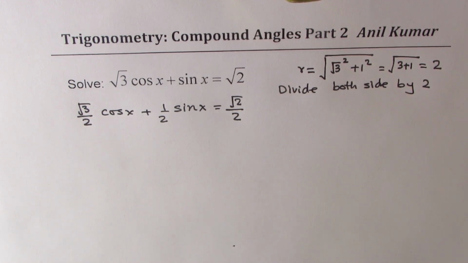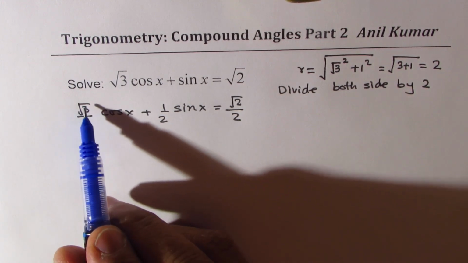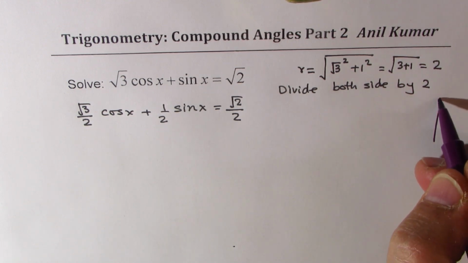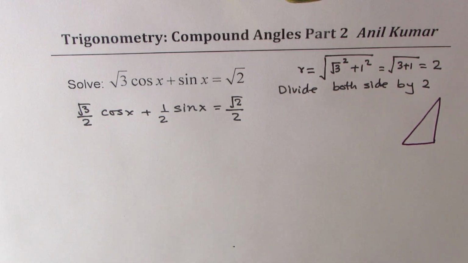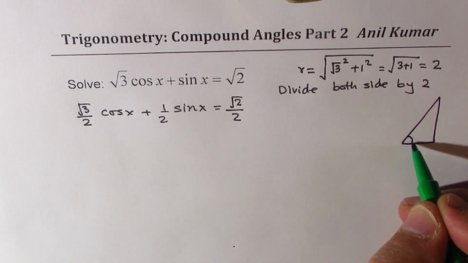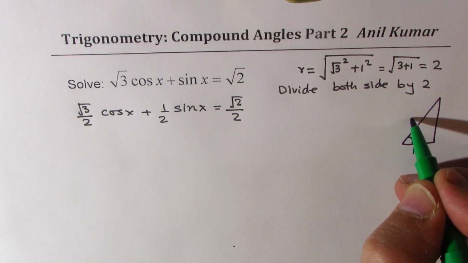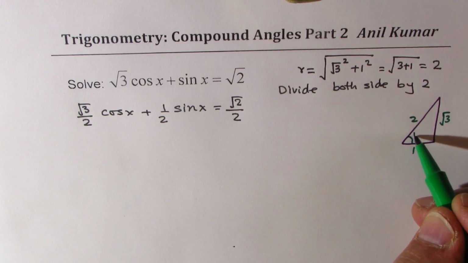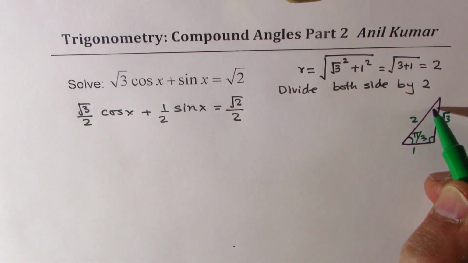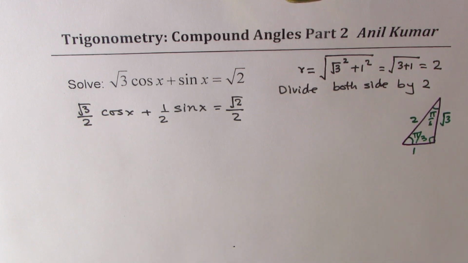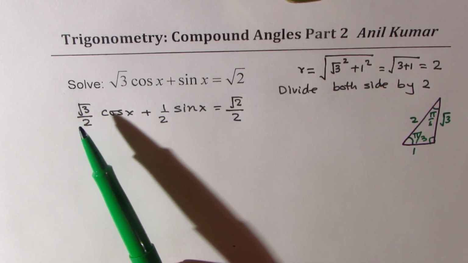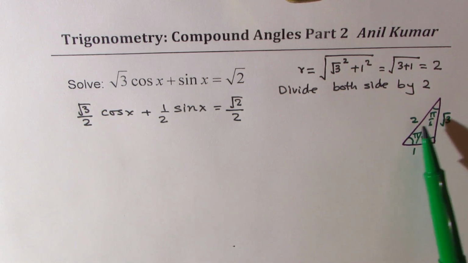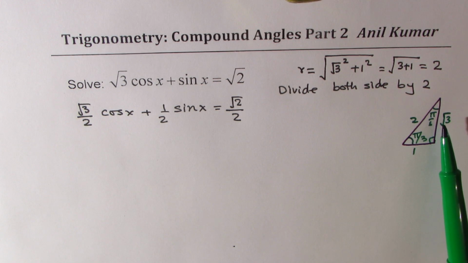Now, the form which you get here is square root 3 over 2. If you look into special triangles, square root 3 over 2, you could relate it to this triangle, which is pi by 3, 90 degrees, pi by 6, correct? Now in this triangle, square root 3 over 2 could be written as cos of pi by 6.